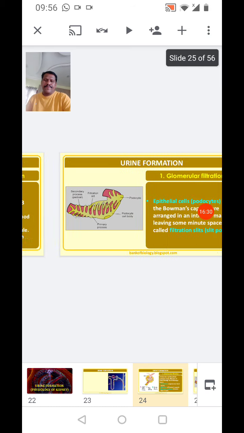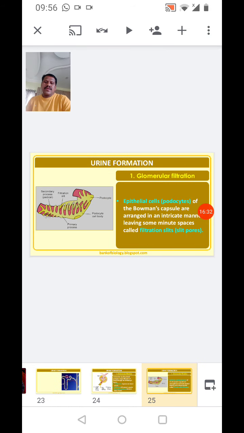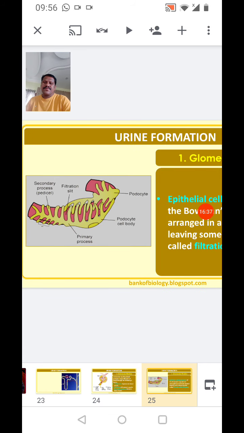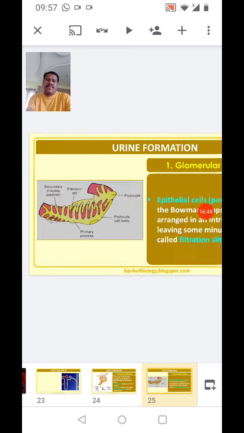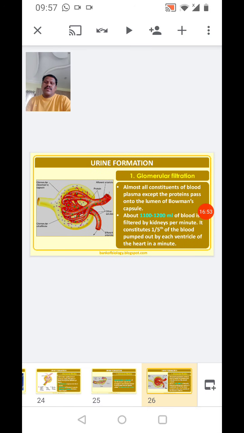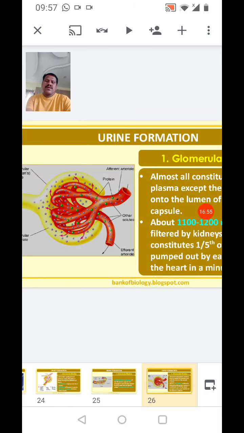Like here in the diagram you can see how the podocytes are enclosing the endothelium of the blood capillaries. In the diagram you can see the glomerulus, where filtration of the blood occurs.